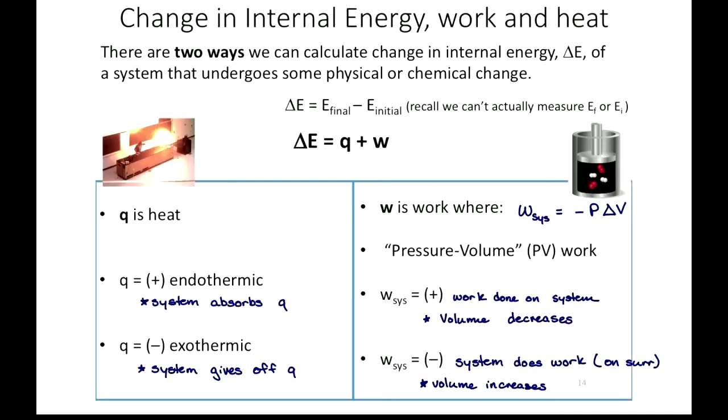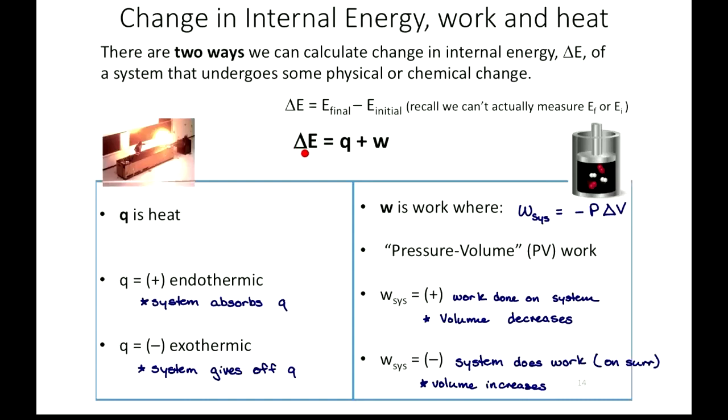Another equation that we can use to track the changes in internal energy for a process comes back to these new terms that I introduced, heat and work. The amount of energy involved in this process is equal to the heat that's supplied to the system plus any work that is done on the system.